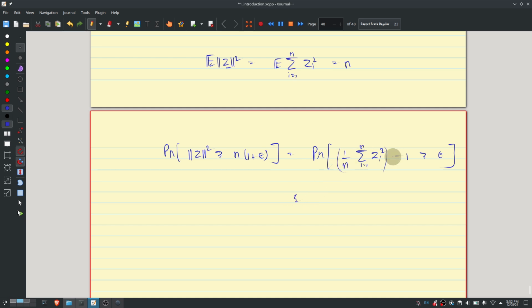So it's again a sum, or an average, of IID random variables, each random variable being chi-square.